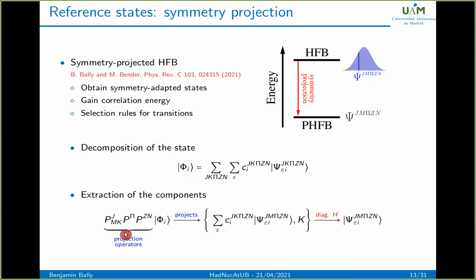You will obtain, depending on phi, either one state or a set of states. And if you rediagonalize H within this set, you obtain the components you want. And these are the states you will use in your projected GCM when you mix the states through the Hill-Wheeler-Griffin equation. And this is also what is represented here schematically.